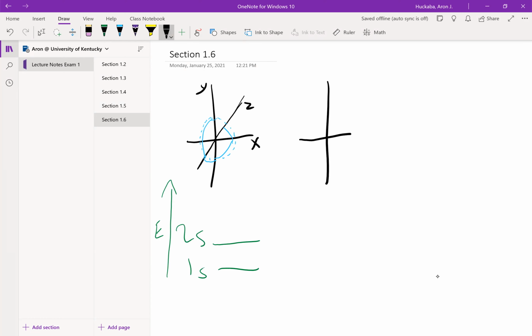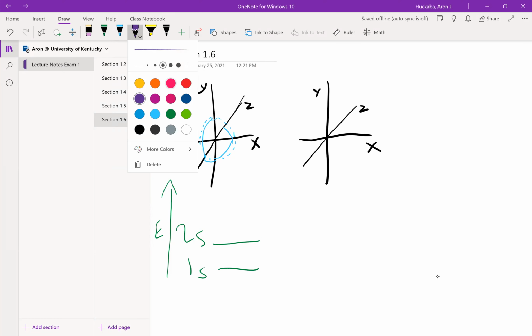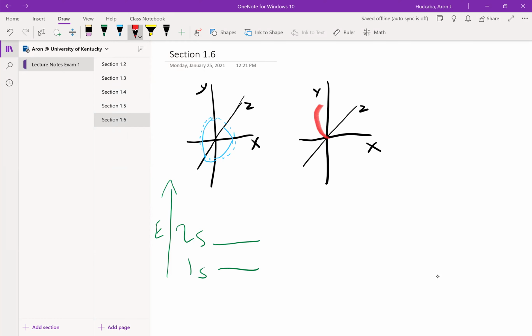Then we start to have some orbitals where you can have positive electron density and negative electron density.